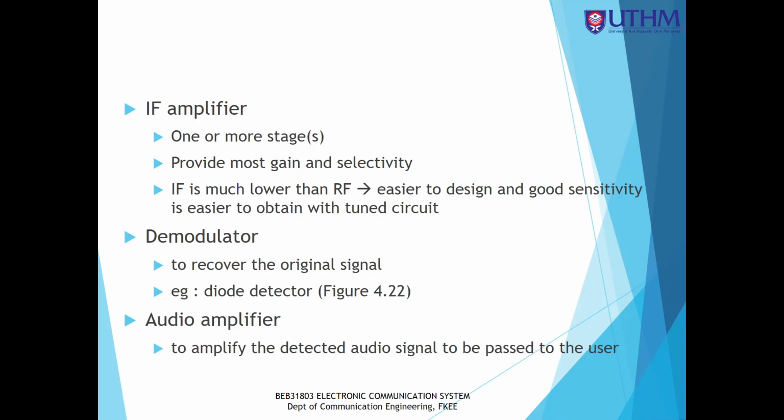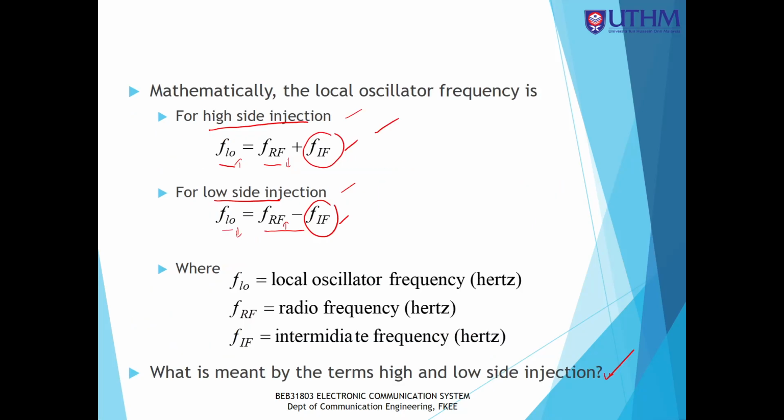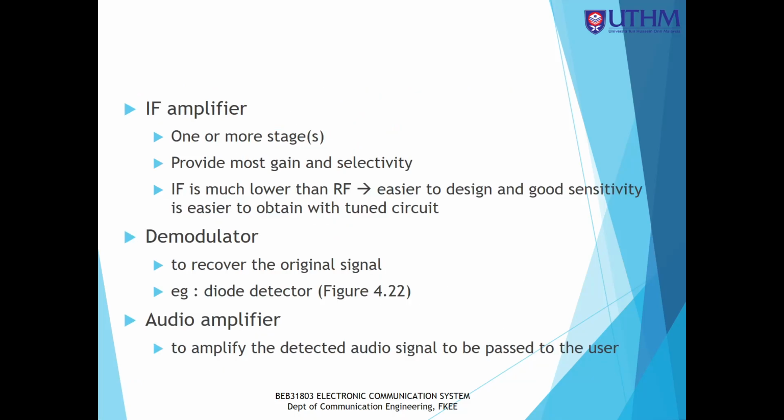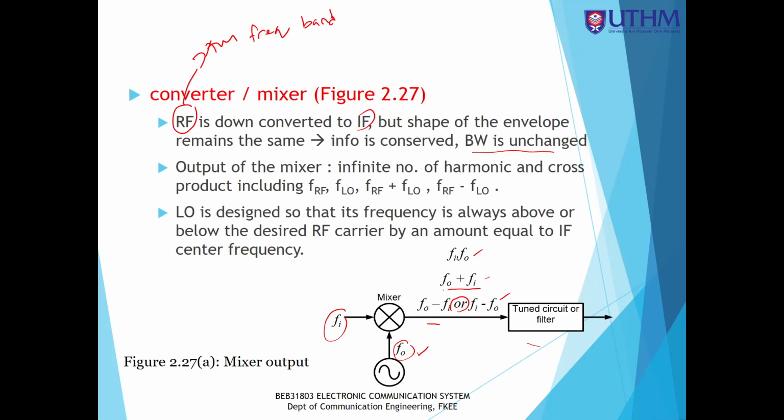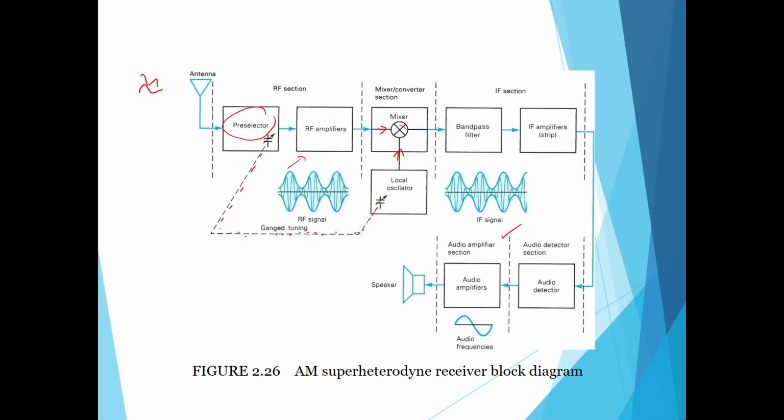And then what? After this, it will go through the IF section. If you look at the block diagram, after the mixer converter it will go through the IF section. Up to here, we already convert RF into intermediate frequency.